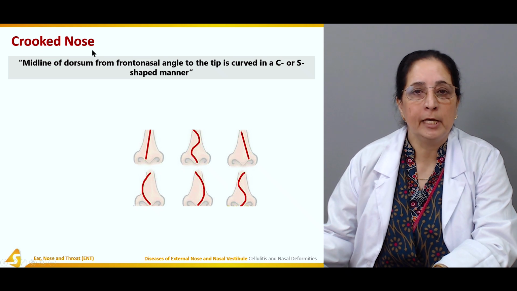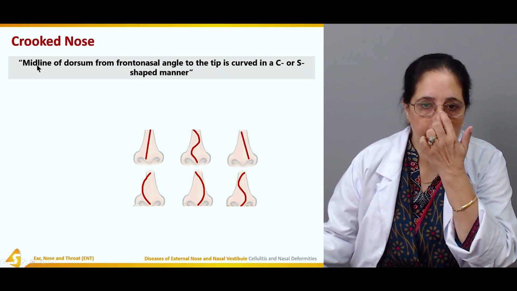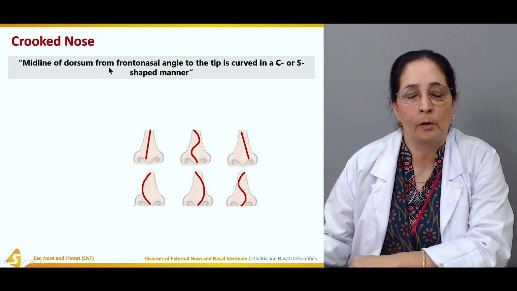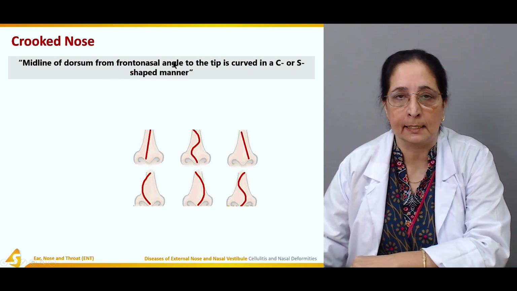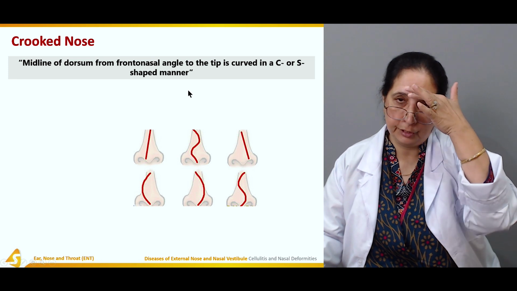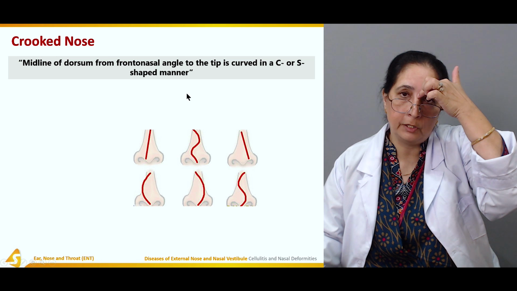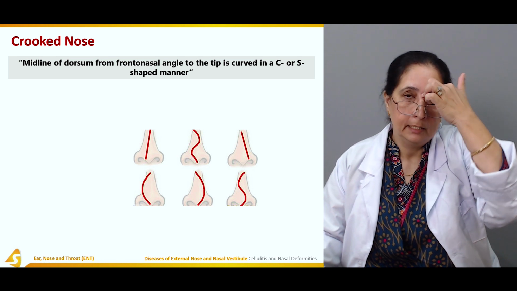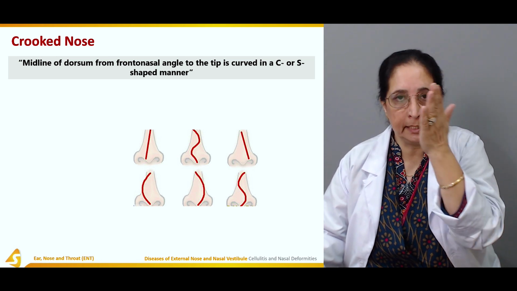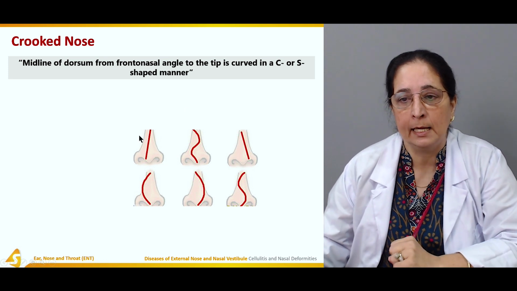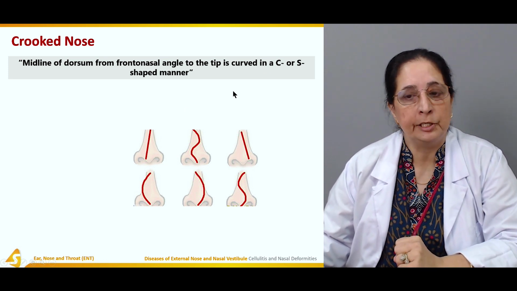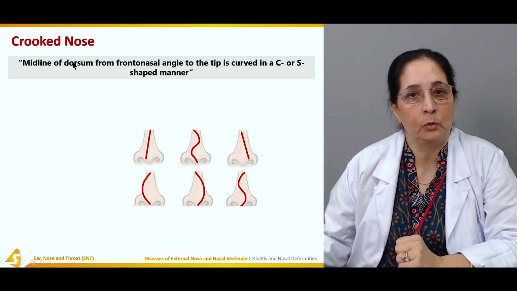Next is the crooked nose. This crooked nose is mainly the midline of the dorsum of the nose from frontonasal angle. This is the frontal portion or frontal forehead, and this portion is the frontonasal angle. So anything that causes deviation to the midline in the C or S-shaped manner leads to crooked nose.